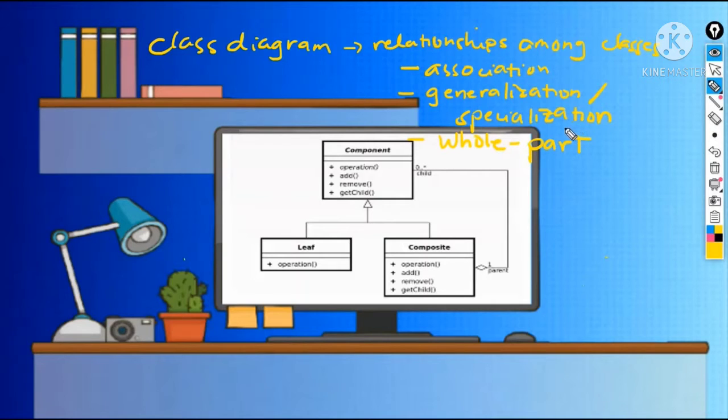So in this lesson, we will discuss generalization or specialization relationships and the whole part relationships and show how they are represented in UML diagrams.